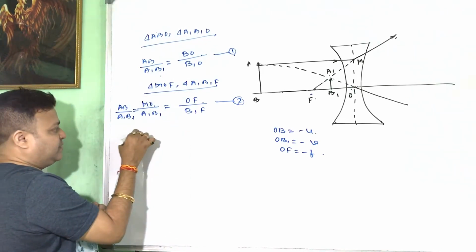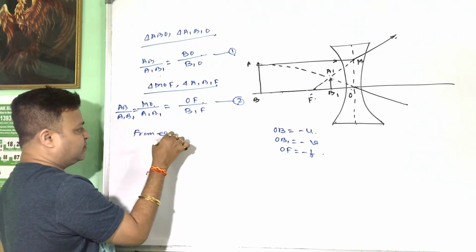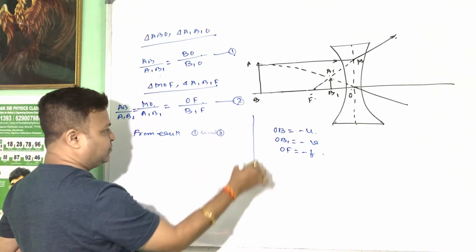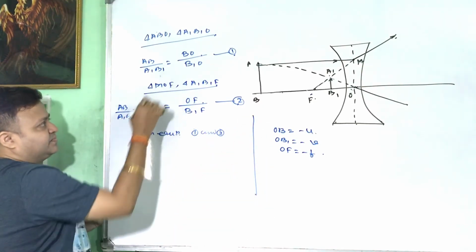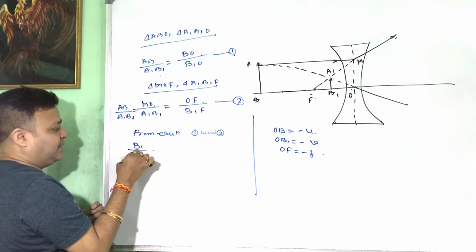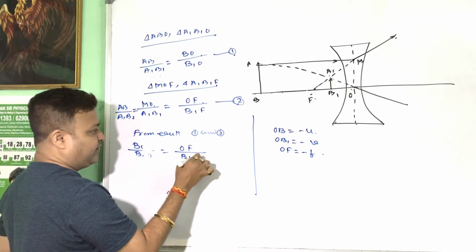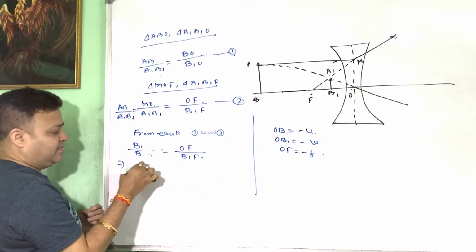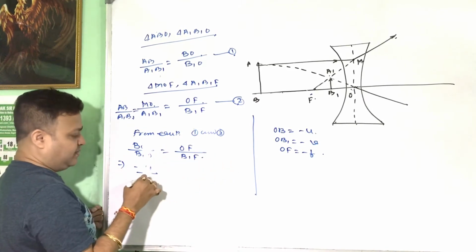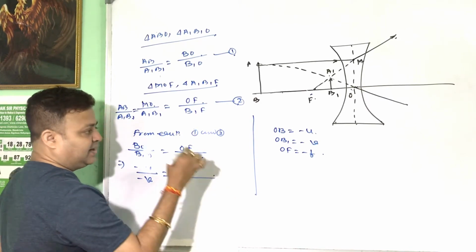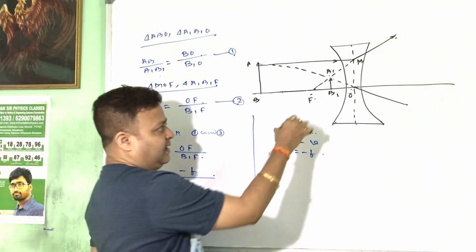Now from equation 1 and 2, BO by B1O is equal to OF by B1F. What is BO? Minus u. What is B1O? Minus v. What is OF? Minus f. What is B1F?